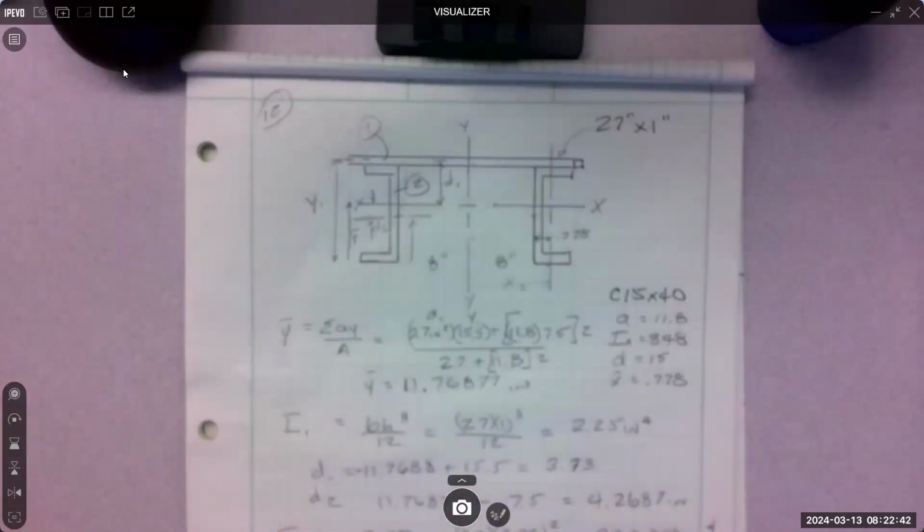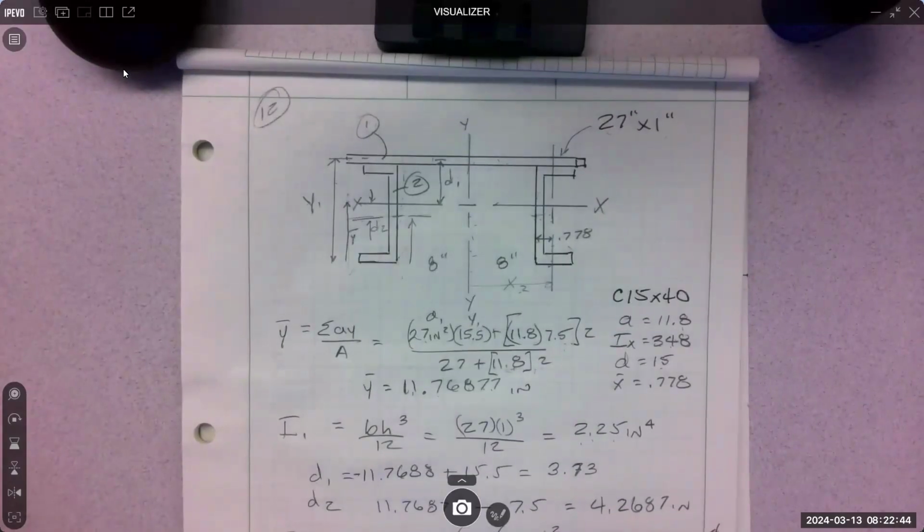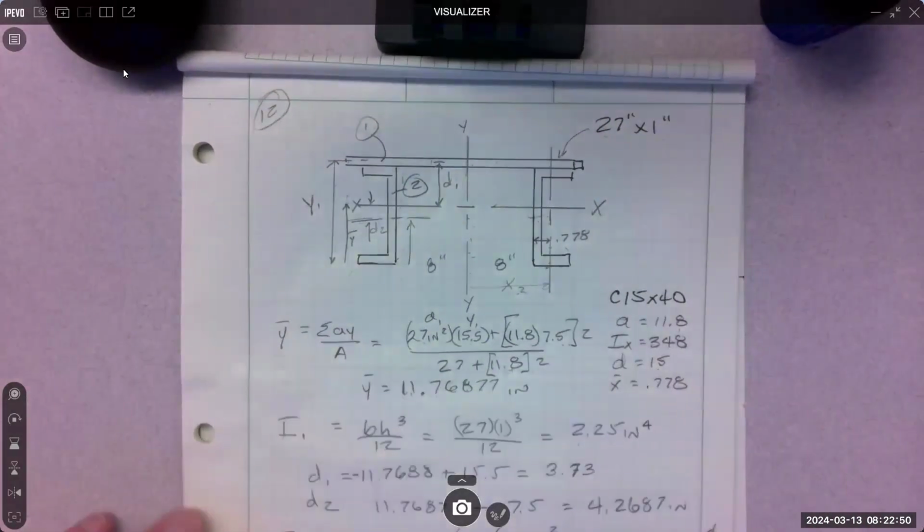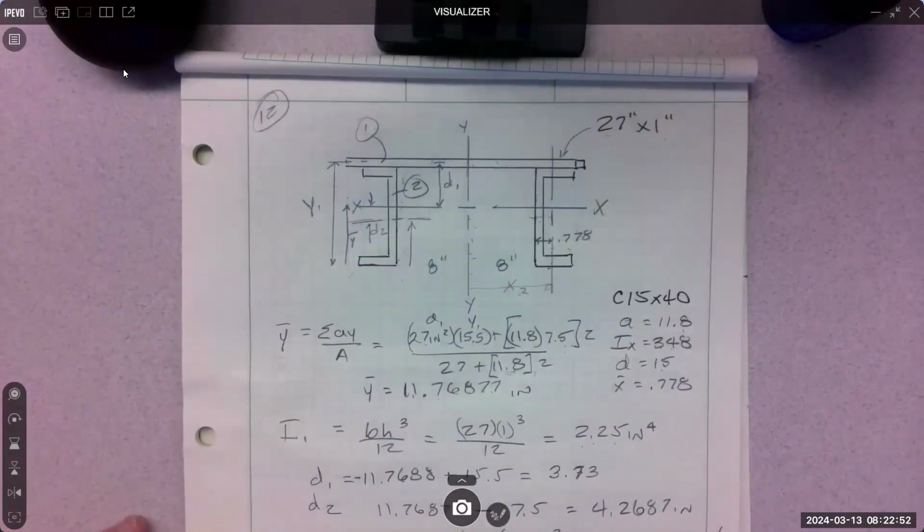So now let's do the inertia about the y-axis.